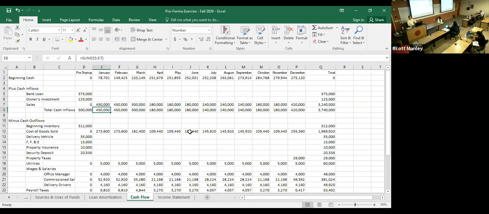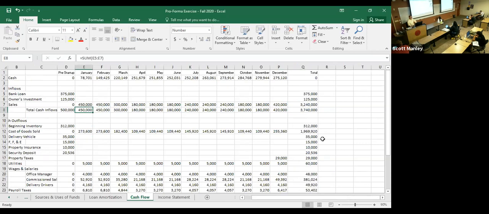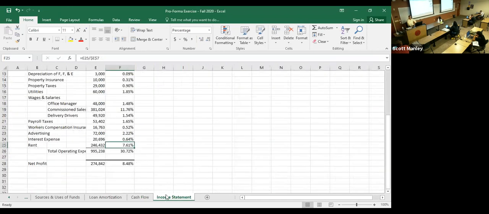Okay. So instead of having 1.8 million in sales, I must have missed one of the numbers, but I got 3.24 million in sales. Now let's look at my income statement.